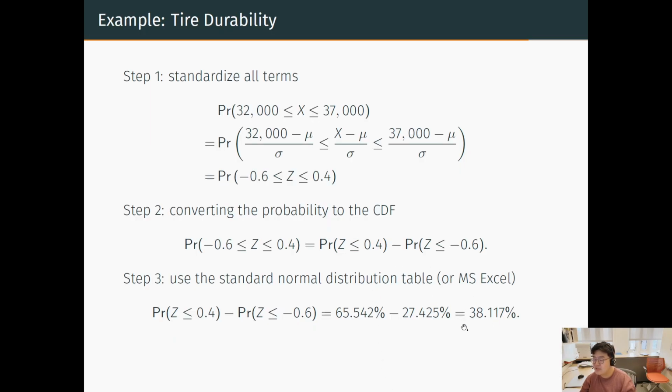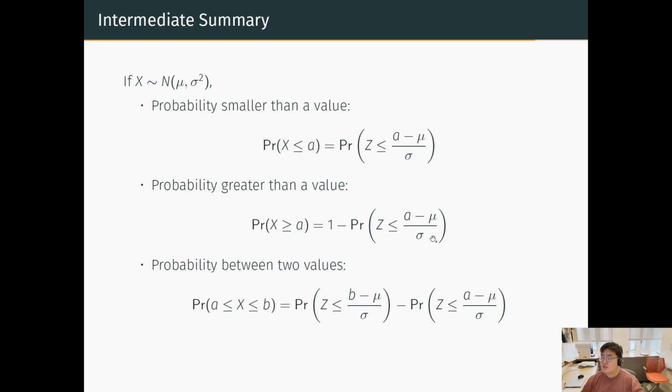So 38.11, right? That is how we use standardization and Excel to find probabilities. Okay? So summary. We have non-standard normal distribution, but it does not matter.